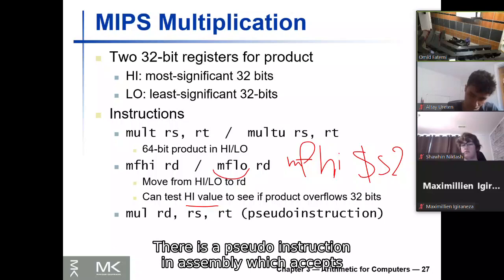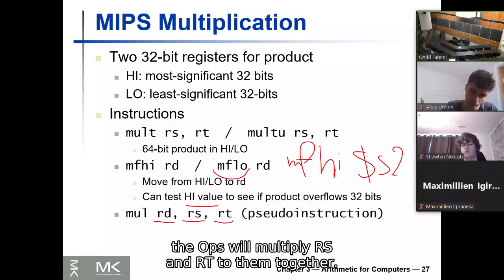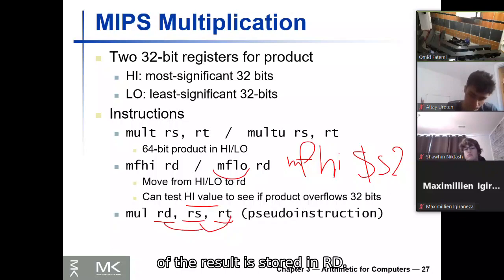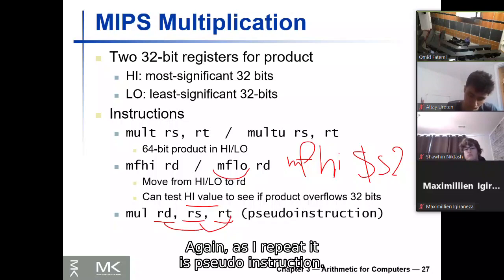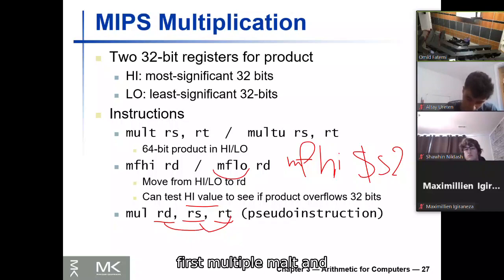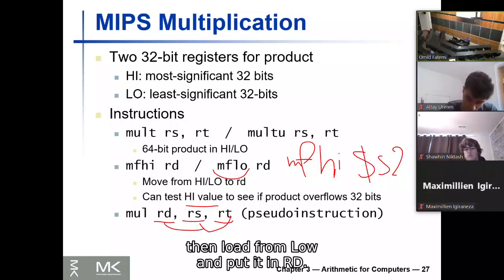There is a pseudo instruction in assembly which accepts 3 operands, and it will multiply RS and RT together, and then the low part of the result is stored in RD. So this is, again, as I repeat, a pseudo instruction. To do that, the assembler makes several instructions. First mult, and then move from low and put it in RD.